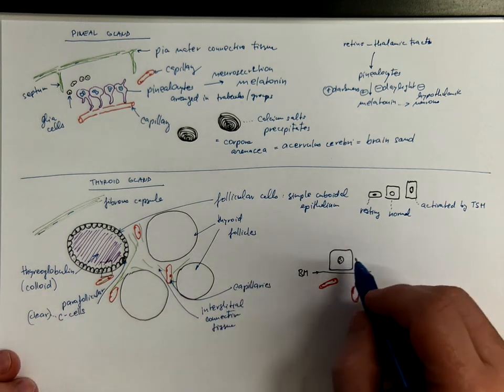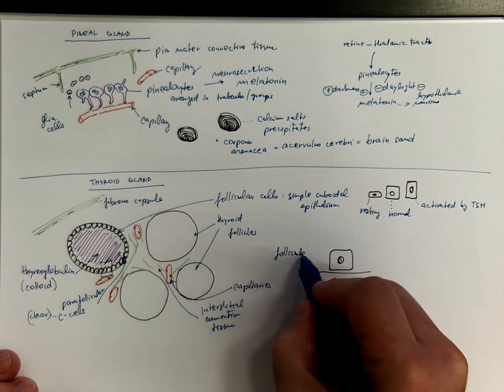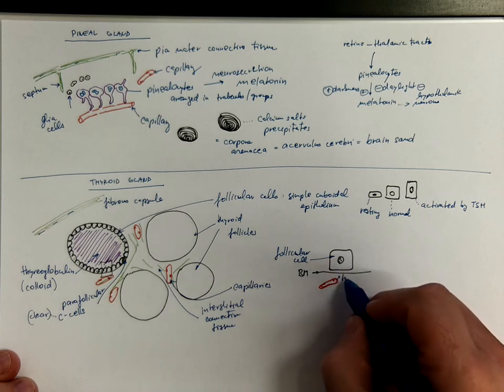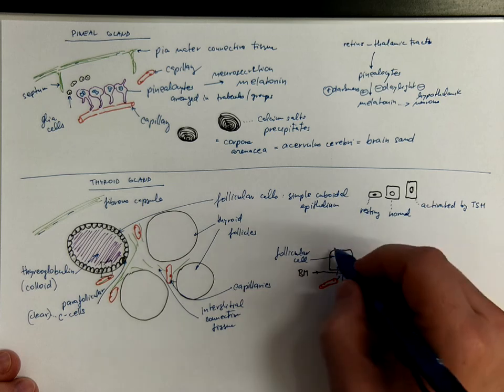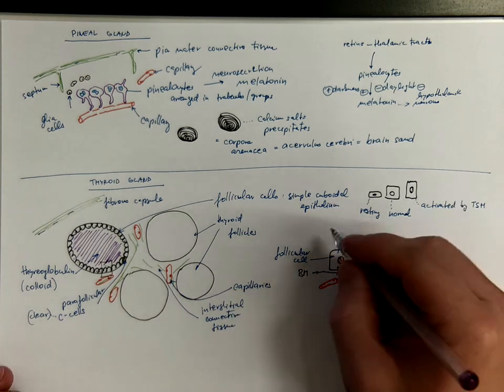The follicular cells are able to accumulate iodine anions and to make a molecular iodine and to release it into the thyroglobulin.